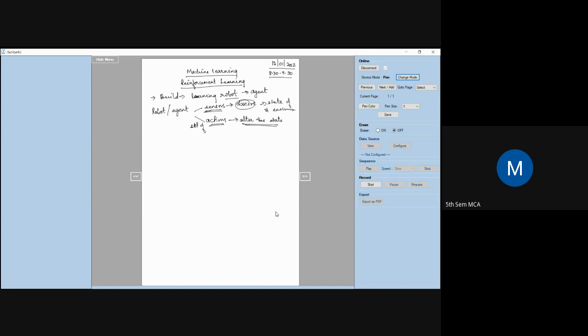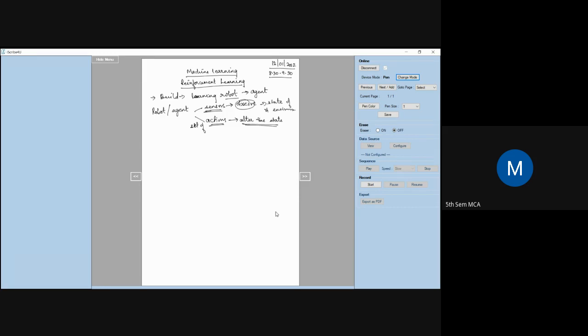As I said, we are going to consider building a robo. When I say building a robo, building a machine, that means you are going to train a robo actually. That is what we are learning here. That is our example that we are considering. So this robo can also be called an agent.